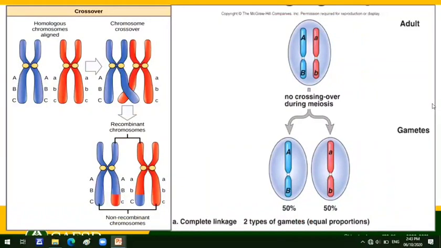During prophase 1, the segments of the homologous chromosomes usually cross over, right? Or exchange segments. So the farther the distance between genes in the chromosomes, the more likely that crossover will take place between them. So if gene A is farther in distance from B, then it is more likely that crossover will take place between them. The closer the genes, like B and C, right?